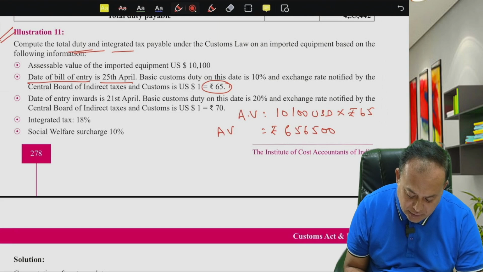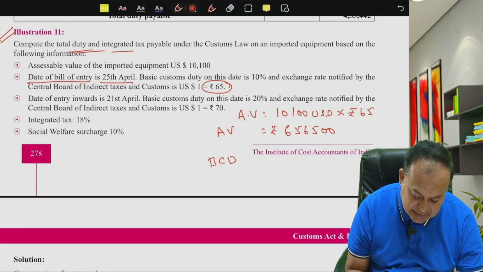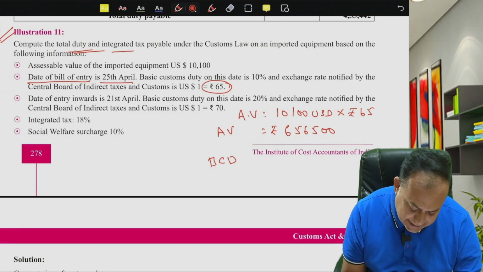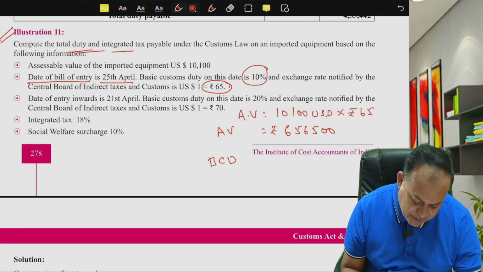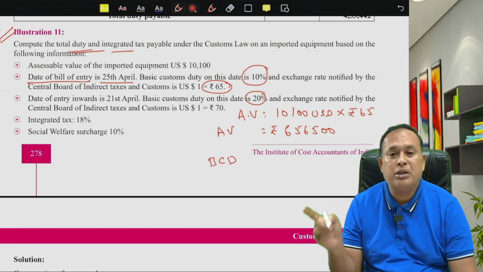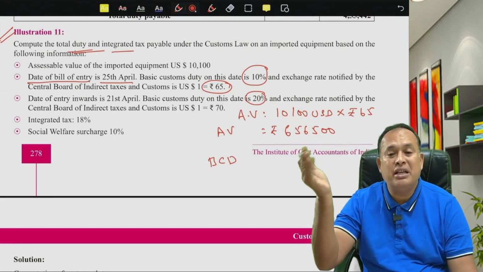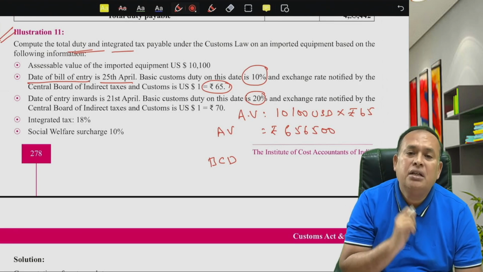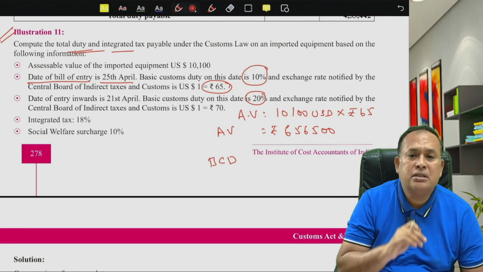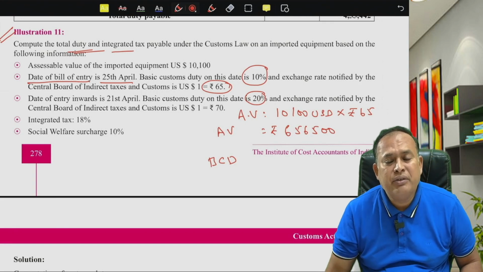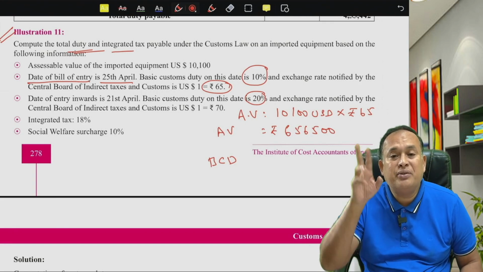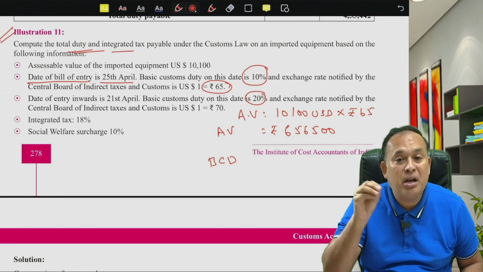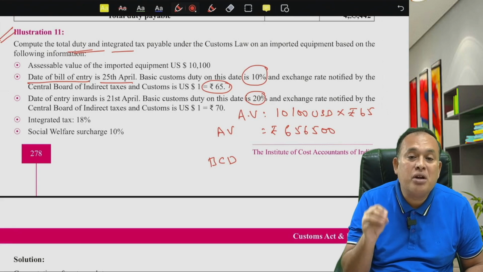Then we have to find out the basic custom duty. Which rate? Two different rates are given here, 10% and thereafter 20%. Which rate is applicable? We have to identify the taxable event for imported goods. Earlier I referred to you in lesson number 2 itself, and highlighted very clearly that the taxable event for imported goods is the date on which the bill of entry is submitted or the entry invoice granted, whichever is later.